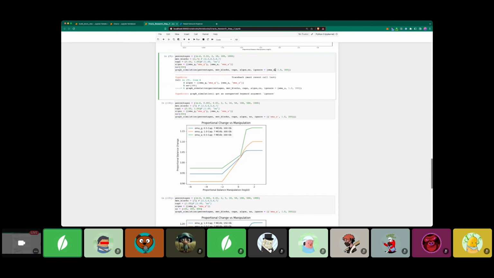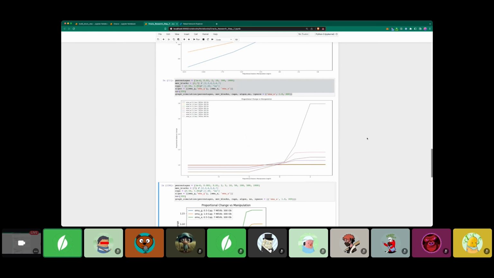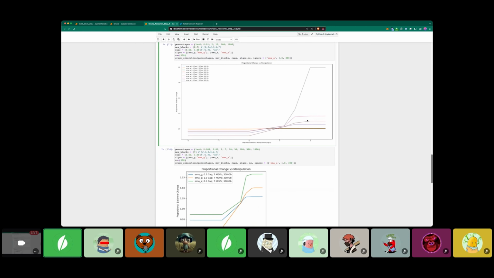Okay, we're just trying to remove this gray line because it's really out there. But whatever, we can leave it in.